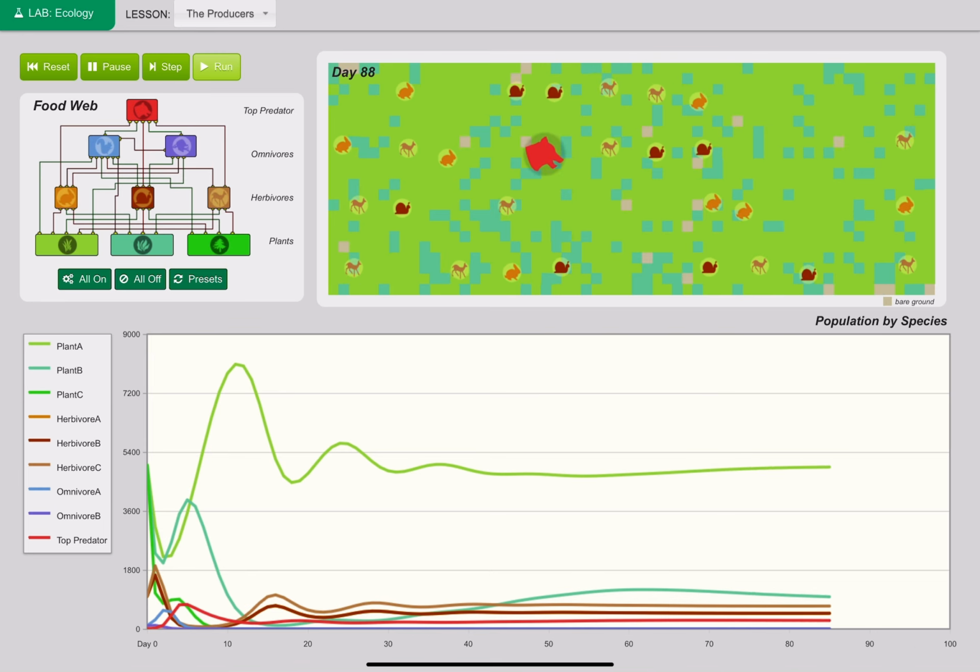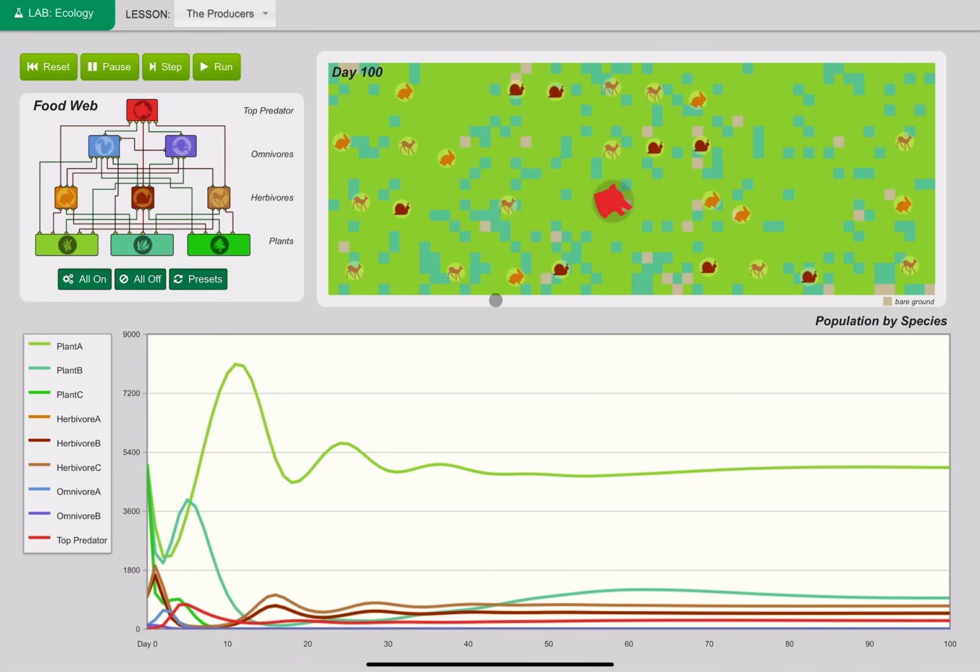And so the populations all start off, it depends on the simulation, I believe, but I believe that your starting population for the plant should be 5,000 for A and B and 1,000 for C. And then your starting population for the different herbivores should likely be like 1,500 for herbivore A. For omnivore A, it should be about 100.